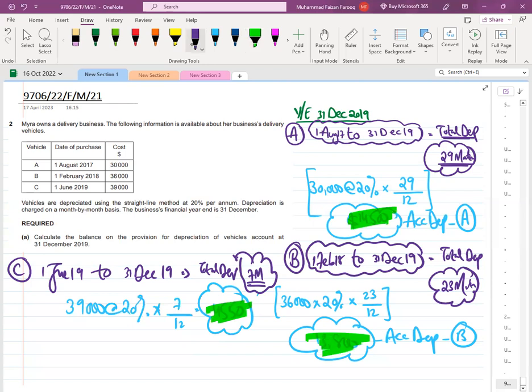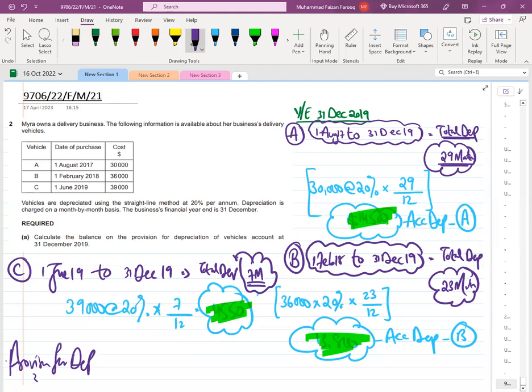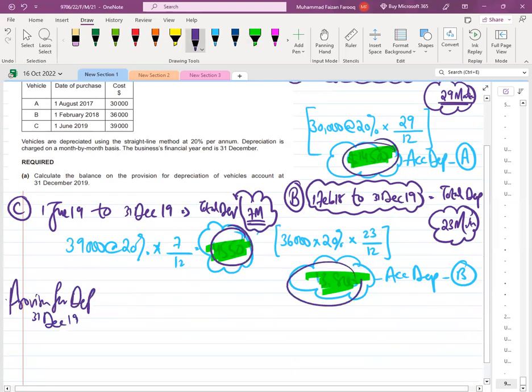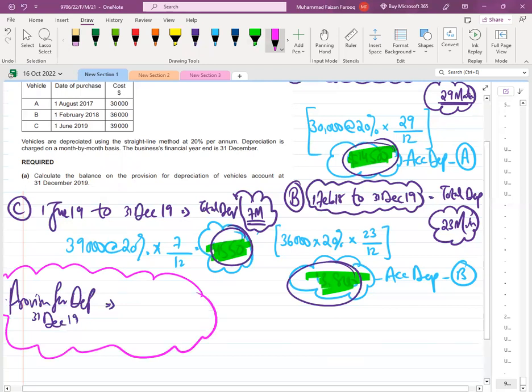If I write the answer, what they ask is provision for depreciation at 31st December 19. It can be adding up these three numbers, right? So the final answer is 32,850.